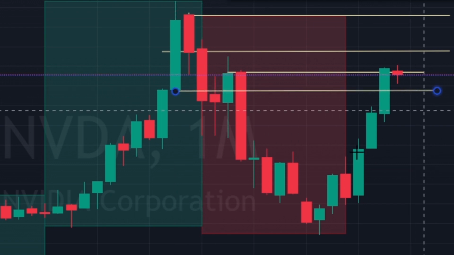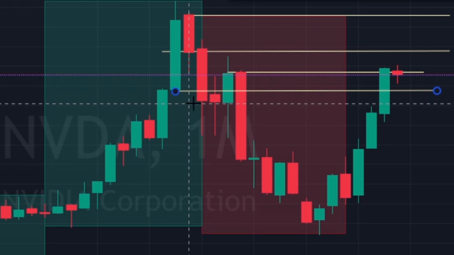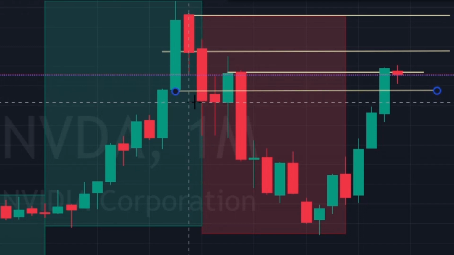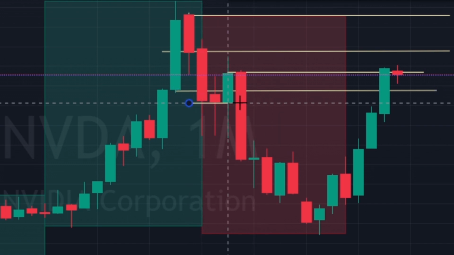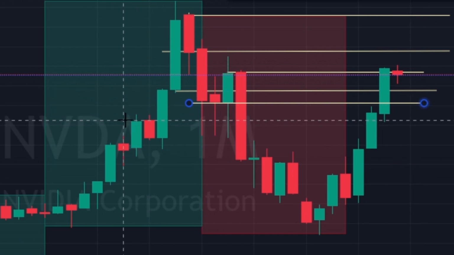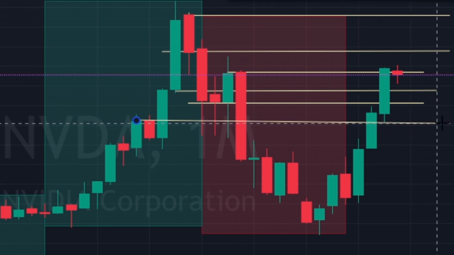And then just keep going down the line. There could be one little one right here, but we can do that on a shorter time frame. And we'll put one here, so you get the idea of what I'm doing. There's another level here, and you just drop them in.